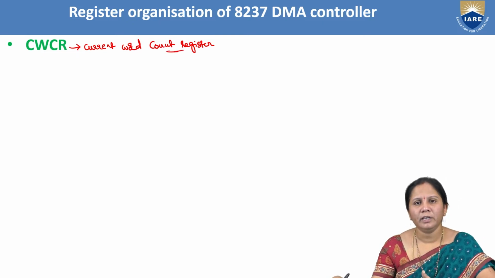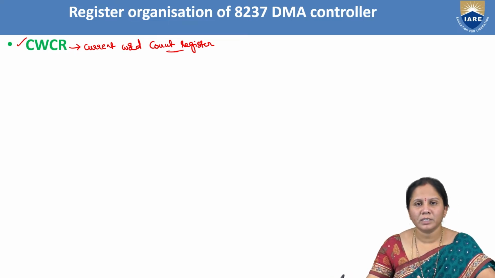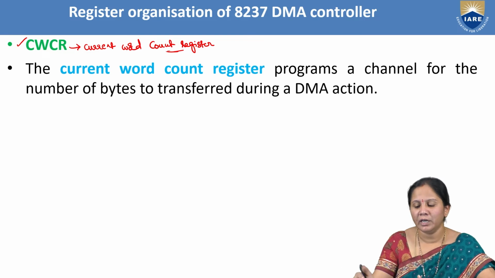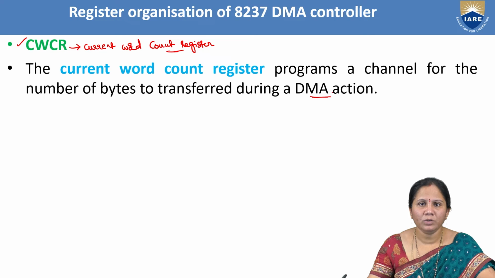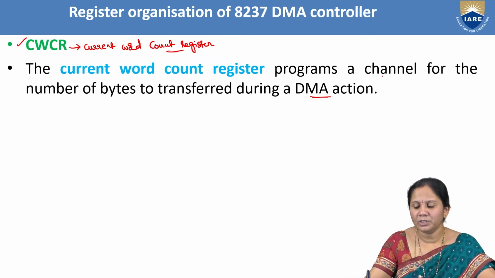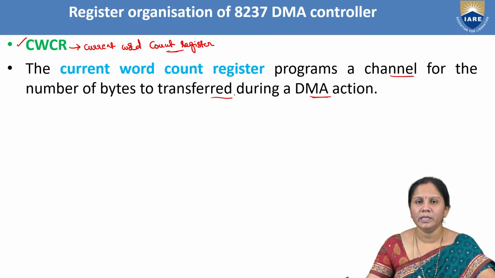Before the DMA operation starts, we have to initialize this current word count register, because after each DMA cycle it will be decremented by 1. The current word count register programs a channel for the number of bytes to be transferred during the DMA action. So for each DMA cycle, the count register will be decremented by 1.